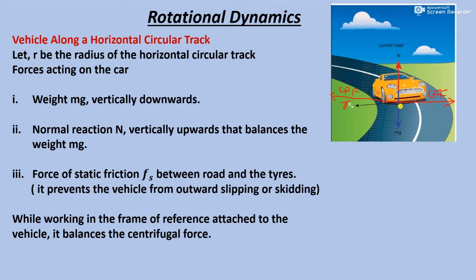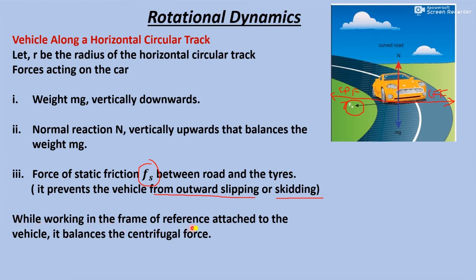Remember, other forces always play the role of centripetal force. Here, which force is acting as the centripetal force? That is the force of static friction between road and tire. This force of static friction prevents the vehicle from slipping or skidding outwards. While the vehicle is taking a turn along a curved horizontal road, it has to take a safe turn by avoiding slipping and skidding.